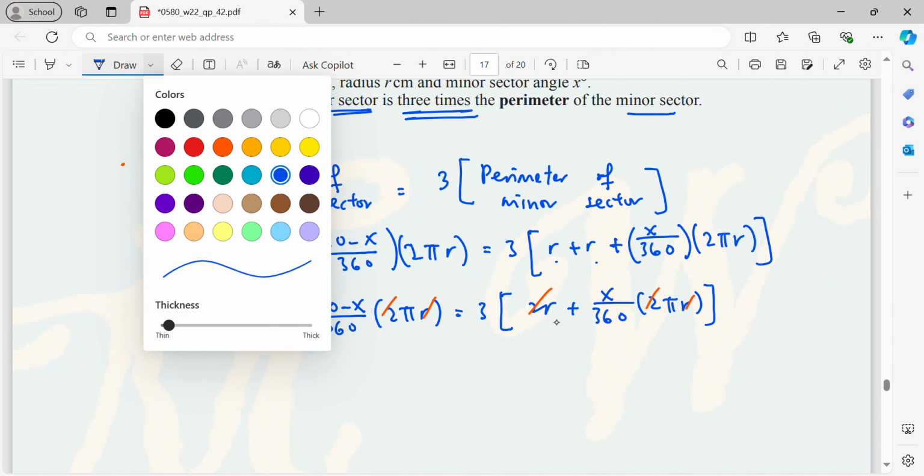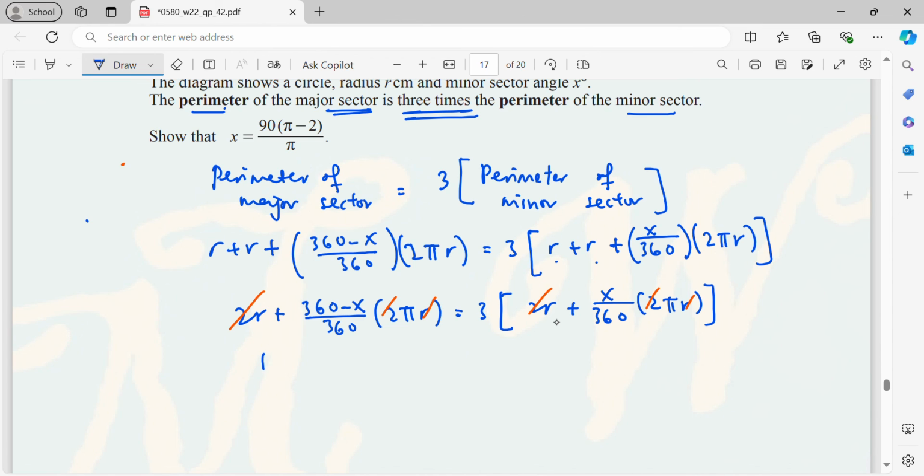Then here you will be getting 1. First term is 1. Then plus 360 over 360 times pi, that is 1 pi. Then minus X over 360 times pi. I get X over 360 pi. That equals 3. And then the first term on the right, you cancel off the 2R, you still have 1.